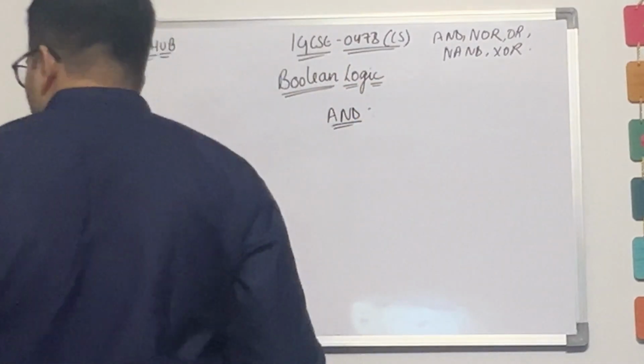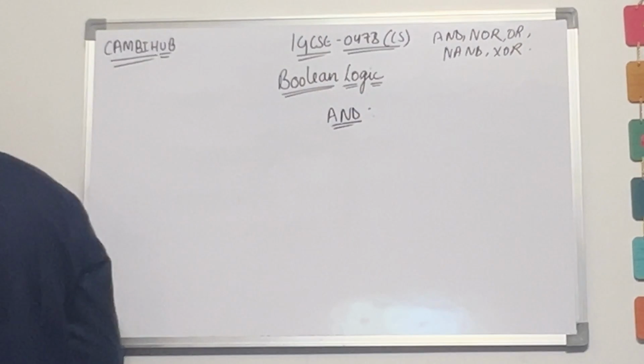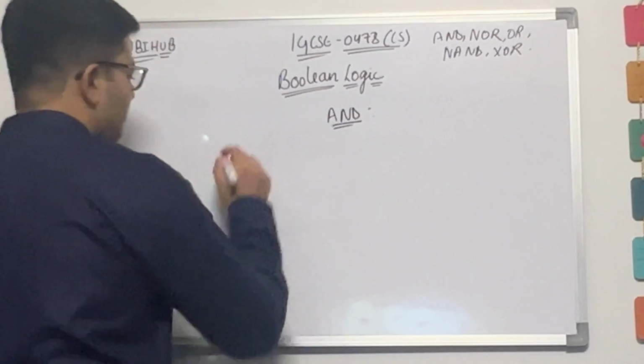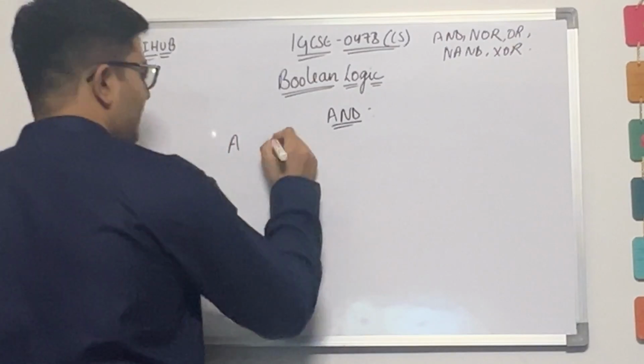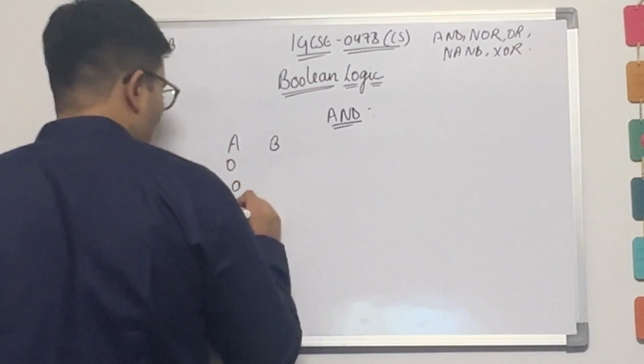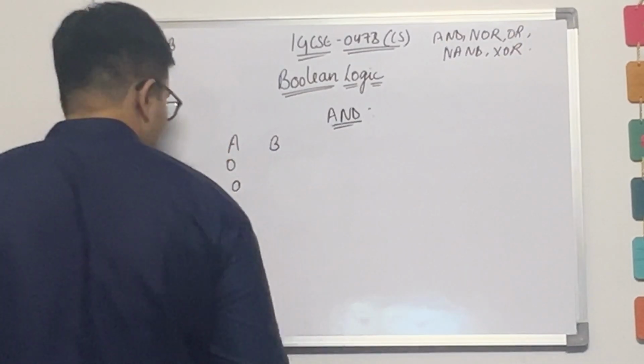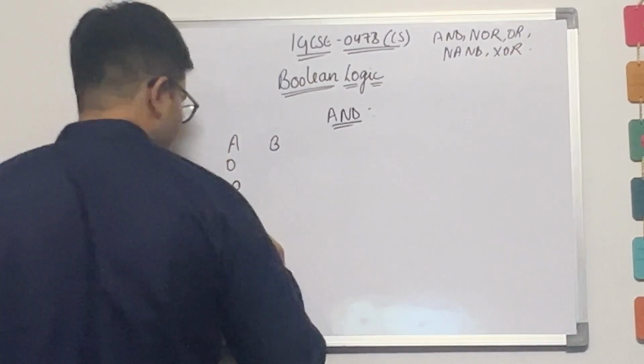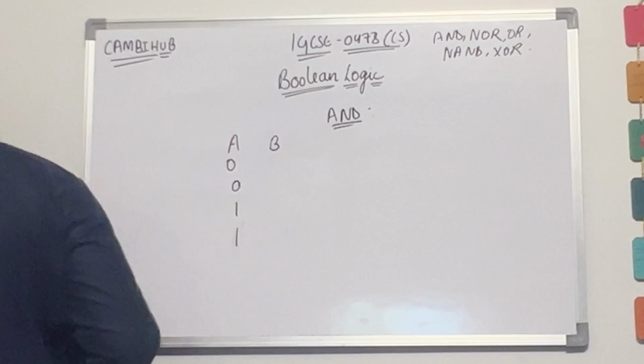Let's create a truth table. Now what is a truth table? A truth table has two inputs, A and B. The A column starts with 0, 0, 1, 1, and the B column goes 0, 1, 0, 1.